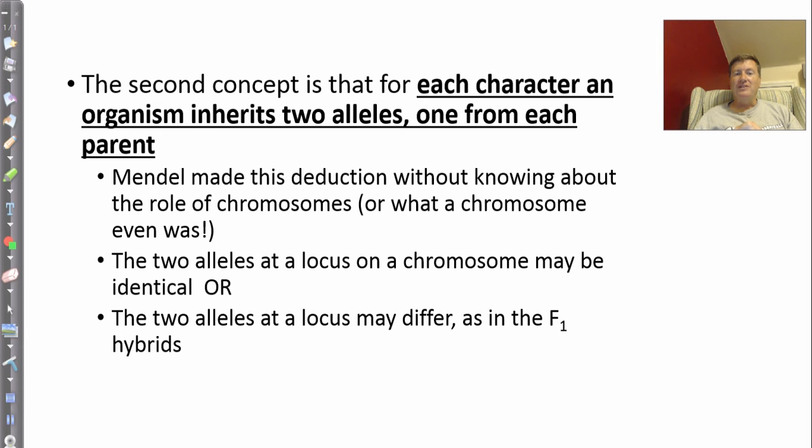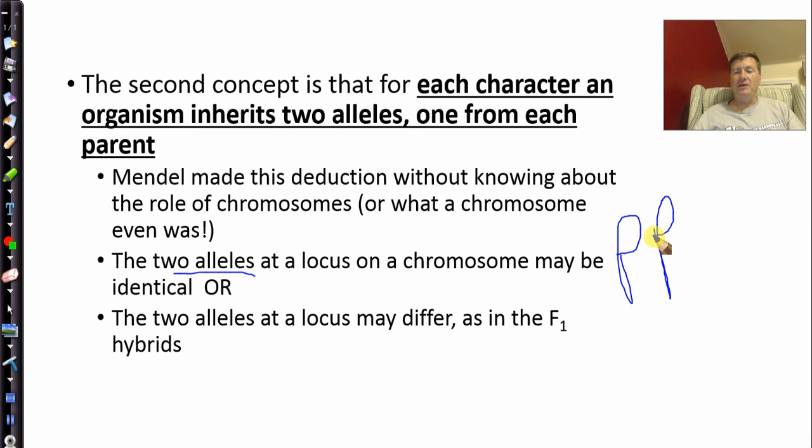So Mendel said that when you have a male and a female, each contributes a version of an allele to the offspring. These alleles may actually be the same. That is, you may pass on a big P from one parent and a big P from the other, or you may pass on different versions.